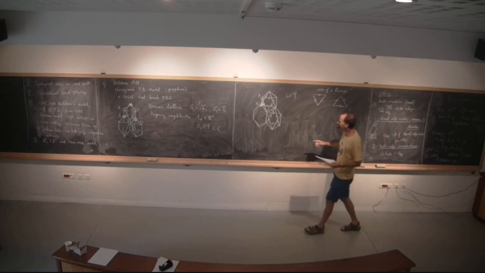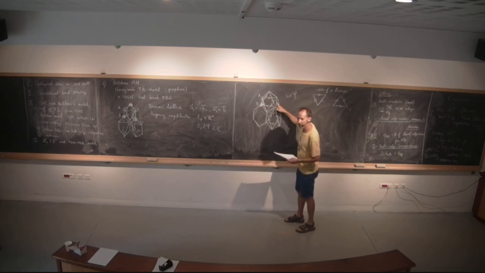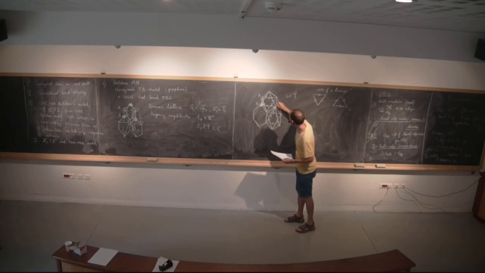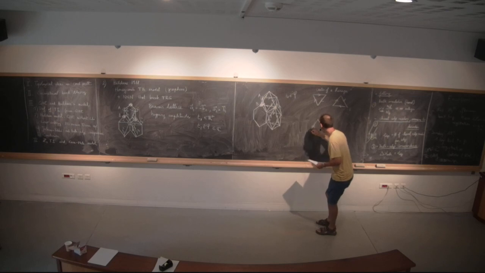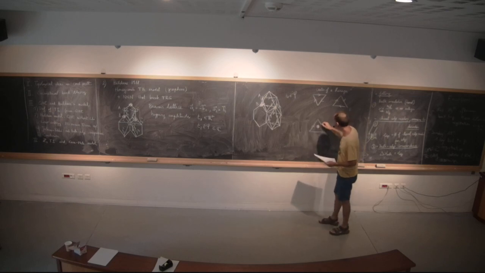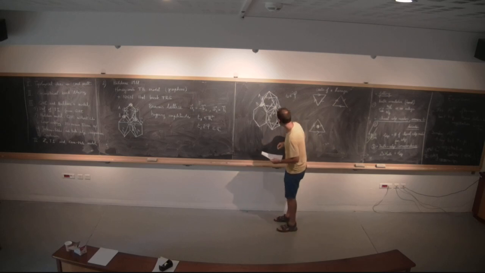But now, something interesting happens if instead of having a triangle encircling the center of a hexagon, you're asking about a triangle that surrounds a site. So here is A, here is B again. So now I have a triangle around the B site. That's another type of triangle. It has a B inside, and now you see it moves counterclockwise. And same for a triangle around an A site.